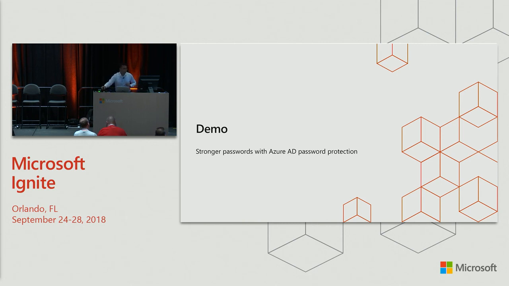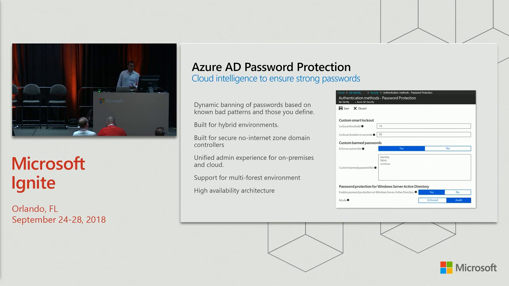Going forward, I would just like to summarize before we finish. This is what we discussed on Azure AD Password Protection. This is a dynamic banning of passwords based on known bad patterns, done via the global list that we have. Clearly, you have seen that it is for your hybrid environments.